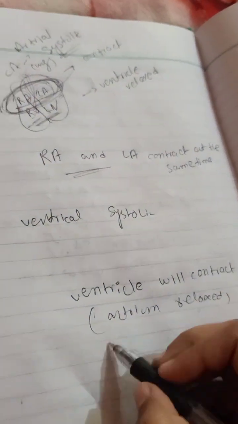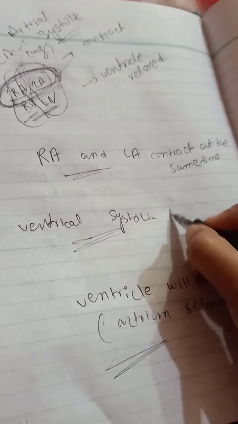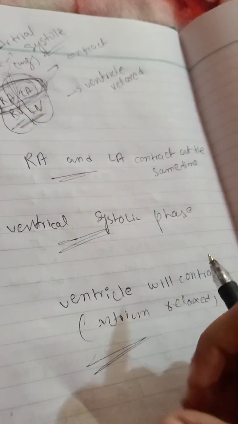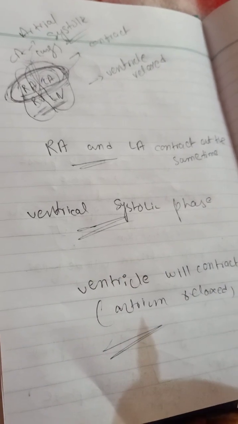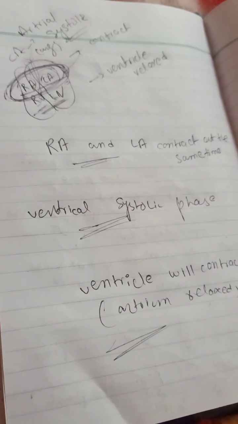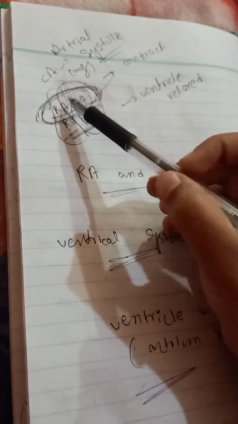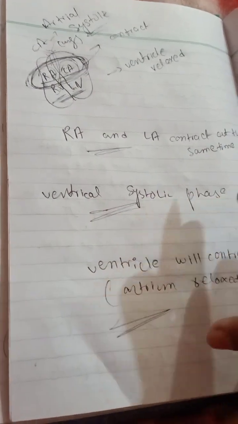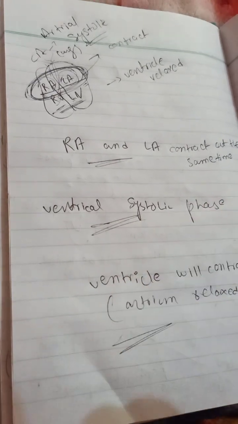This was the ventricular systolic phase, where the ventricles contract and the atria relax. We have the pulmonary artery, carotid artery, coronary artery, and the aorta.